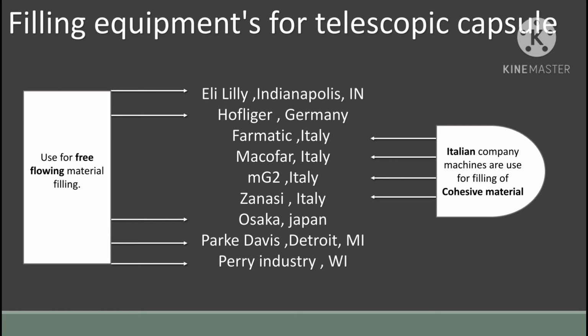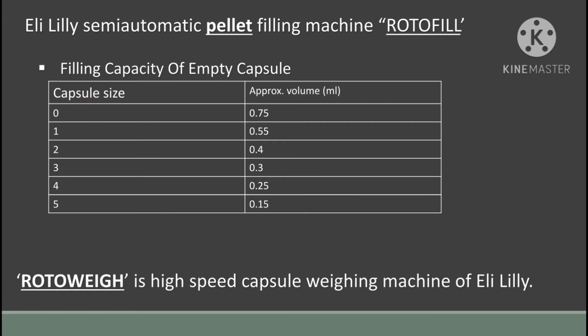Of these, the Italian companies Farmatic, Macofar, MG2, and Zanasi are used for filling of cohesive material, while the non-Italian companies Eli Lilly, Hofliger, Osaka, Parke-Davis, and Perry are used for free-flowing material. Eli Lilly's semi-automatic pellet filling machine, the Rotofill machine, is used for filling of pellets.